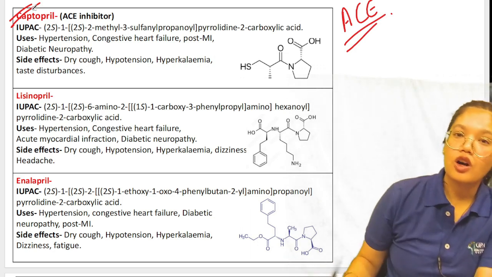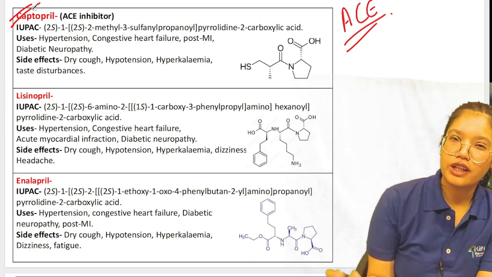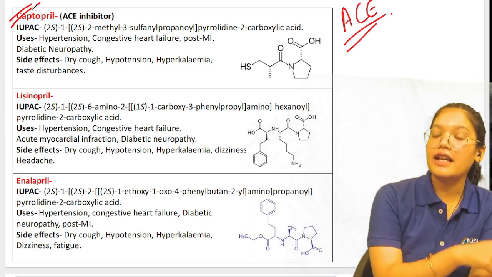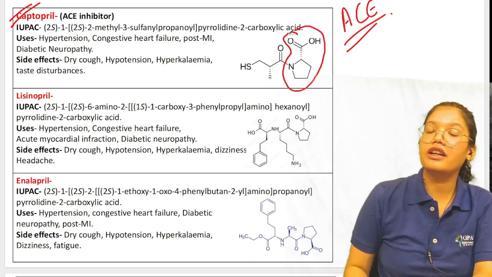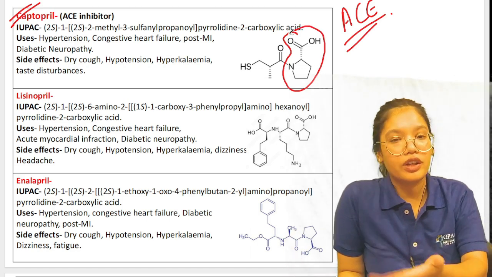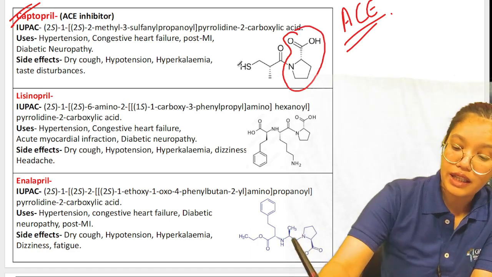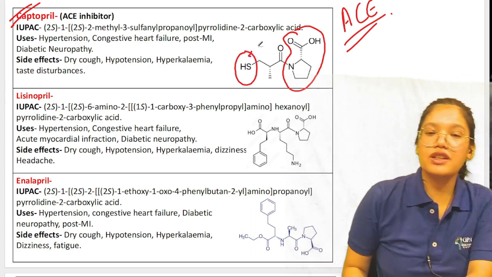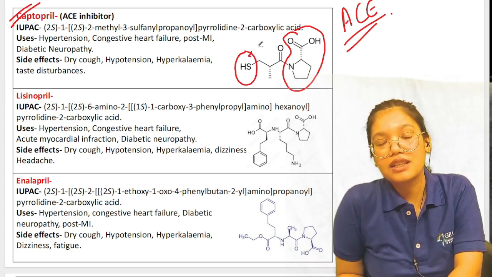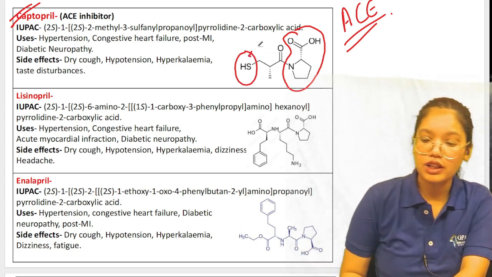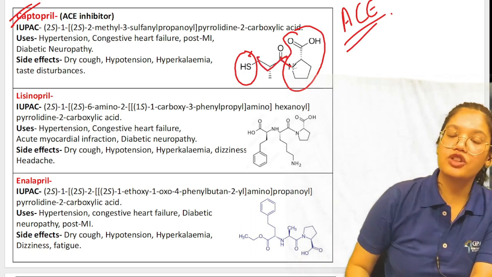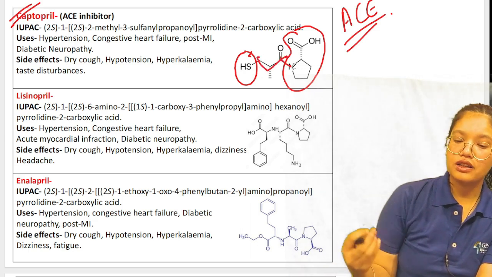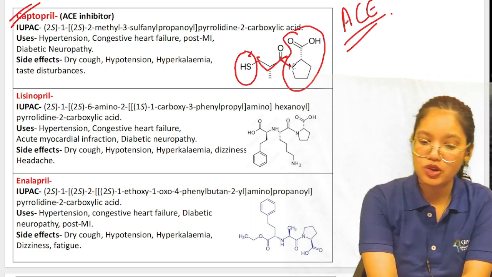Then if we talk about its structure, we already discussed in the SAR portion that having the proline-like ring can increase the binding activity. So here we have a proline ring. Then SH is there in captopril as the zinc binding group. Okay, so this is also very important. Then we have a normal carbon chain. So captopril has a very simple structure.